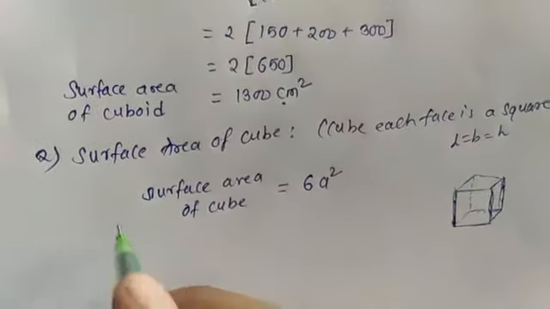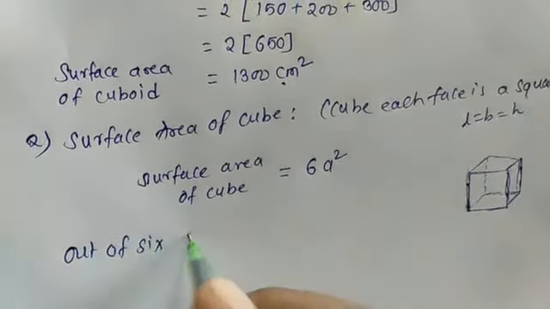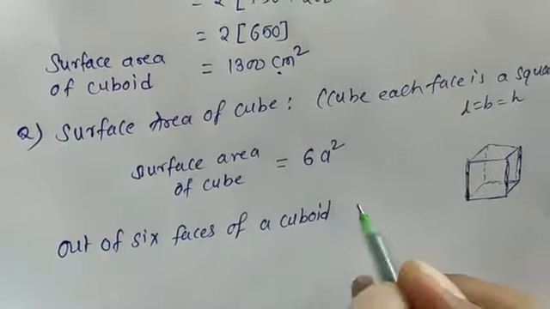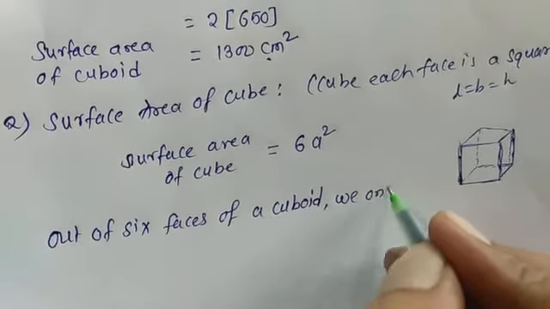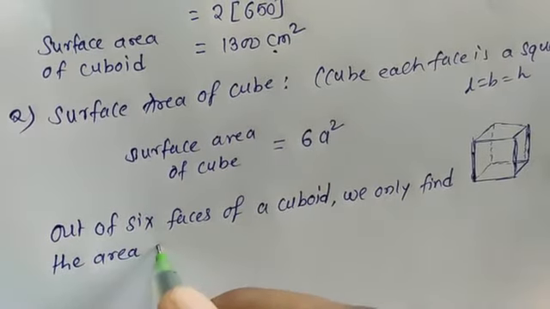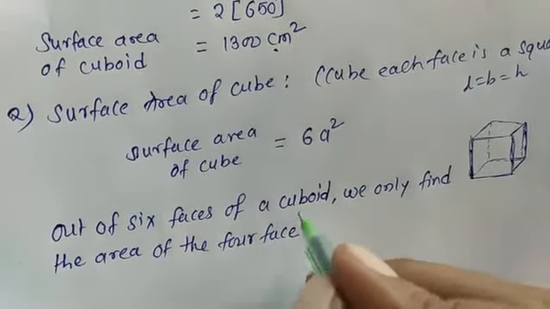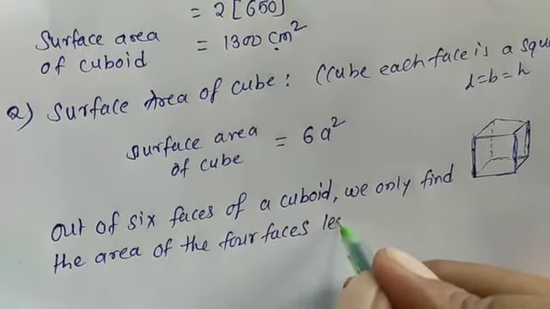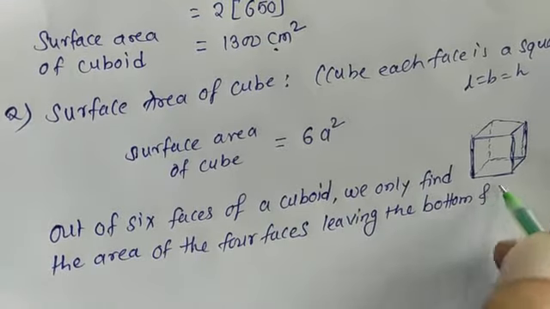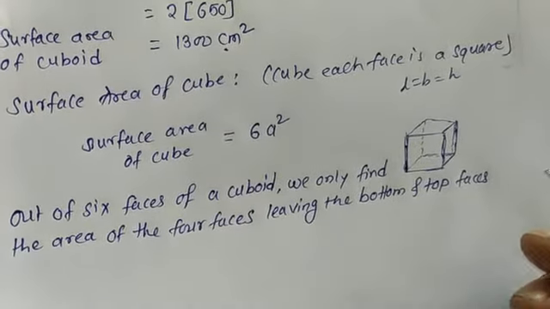I will write the definition: out of 6 faces of a cuboid, we only find the area of the 4 faces, leaving the bottom and top faces.